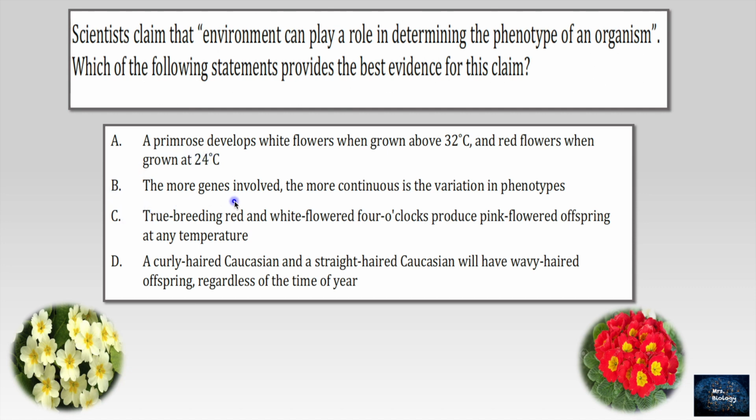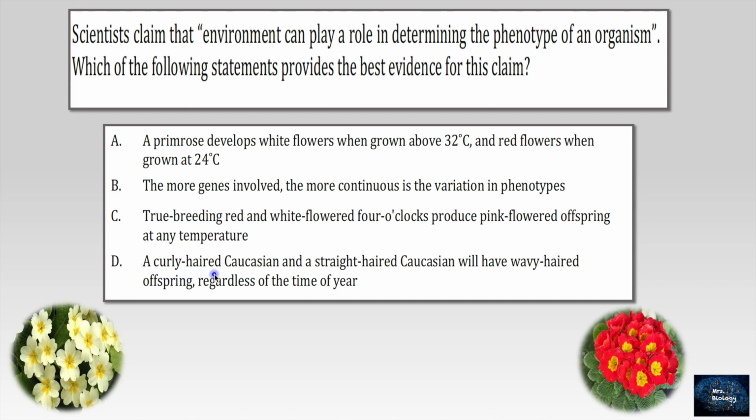B. The more genes involved, the more continuous is the variation in phenotypes. That's right, but where is the environmental factor? So this is not the right choice. C. Through breeding, red and white flowered four o'clocks produce pink flowered offspring at any temperature. Where's the environmental factor? Not even the season. They did not mention it, and they ignored the temperature.